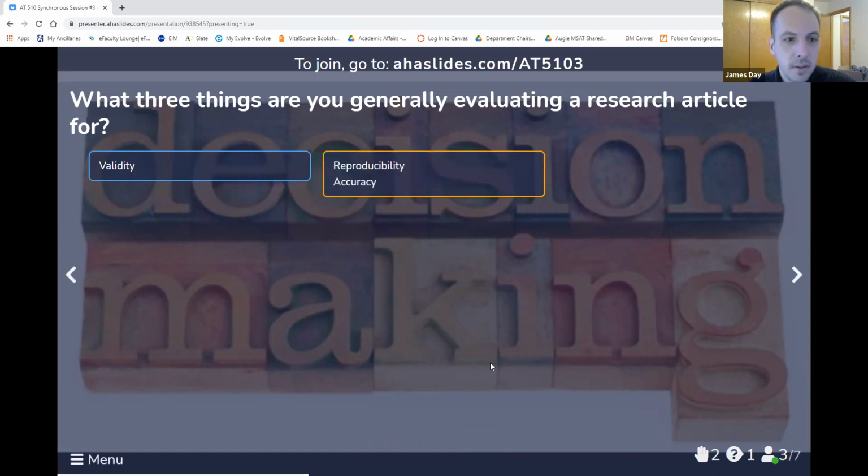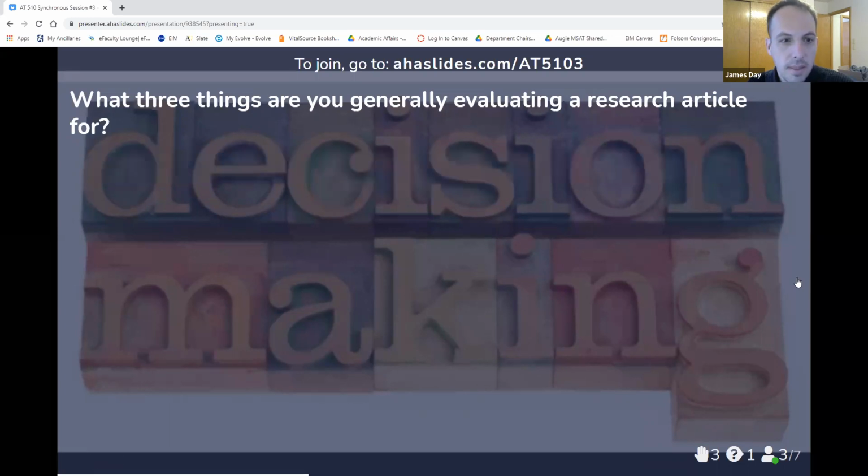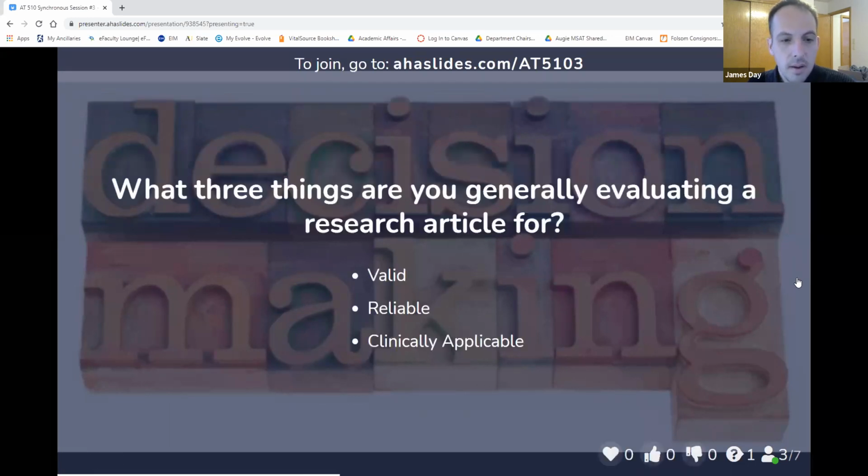Validity, reproducibility, and accuracy, right? Both of those are there. Credibility, right? Another way of describing that as well. So you're right. When we look at credibility, you're talking about the concept of both valid and reliable together, right? So we have validity, that it's measuring what it says it's going to measure. Two, that it's reliable and reproducible.